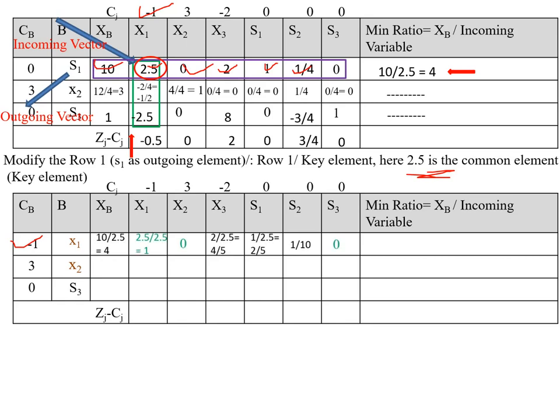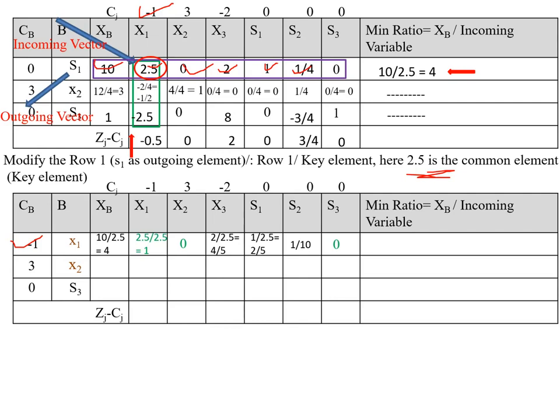So row 1 values become 4, 1, 0, nearly 4 by 5, nearly 2 by 5, 1 by 10, and 0.